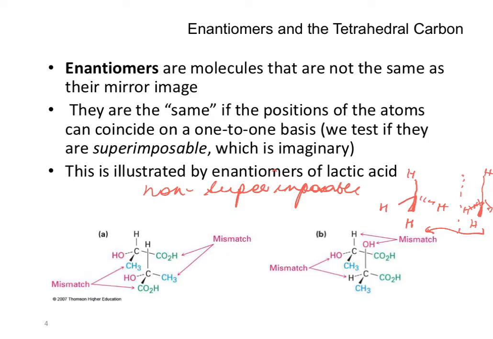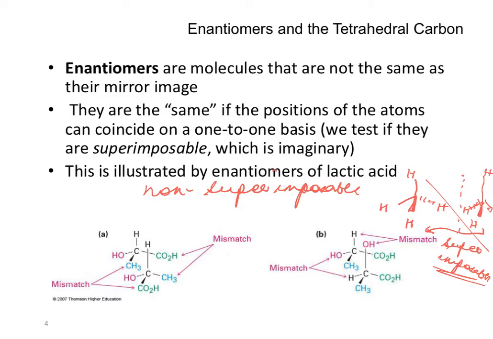You're going to have four carbon-hydrogen bonds matching right on top of each other. That would become superimposable. That is not what we are seeking for chirality. You want to make sure that these groups are different.